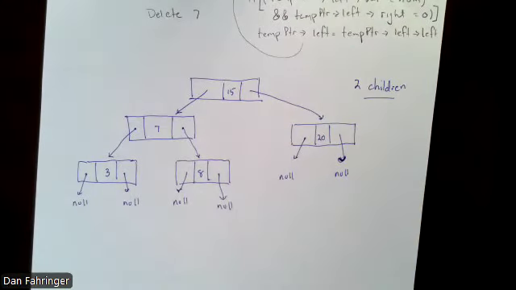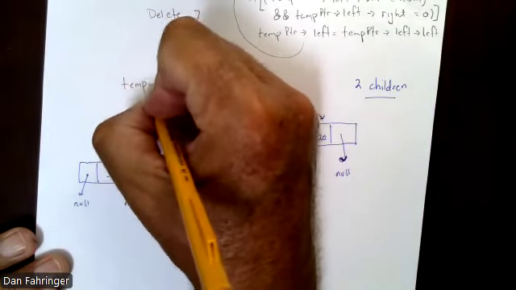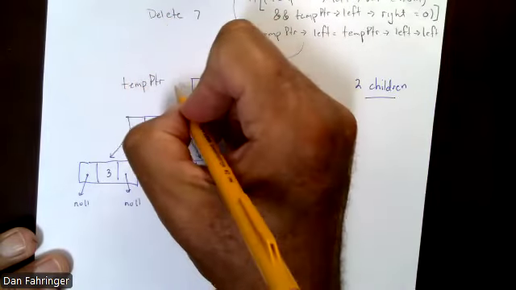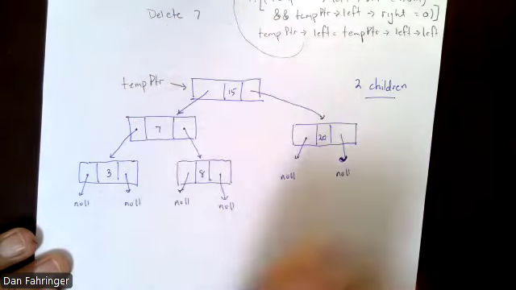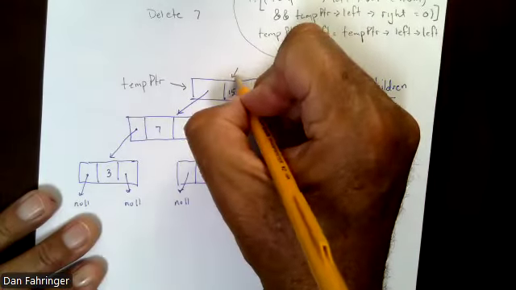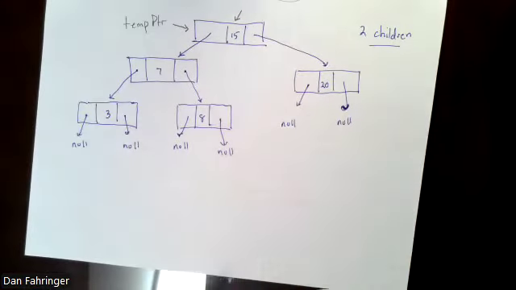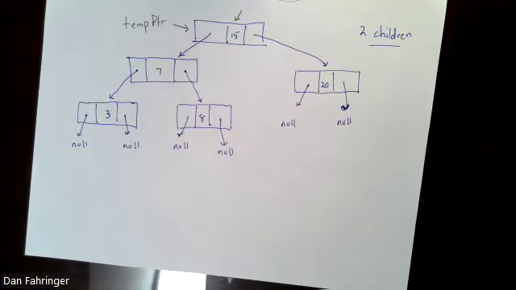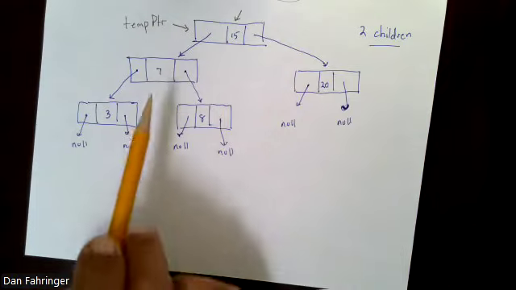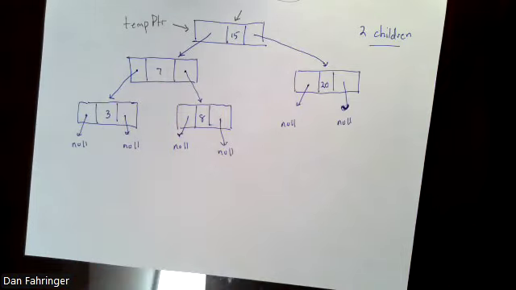Okay, so now I'm sitting with temp pointer pointing to this node. Don't know where it came from. Came from somewhere, but it's sitting there. And I just found out that 7 is what I want to delete, and the left does not equal null and the right does not equal null.